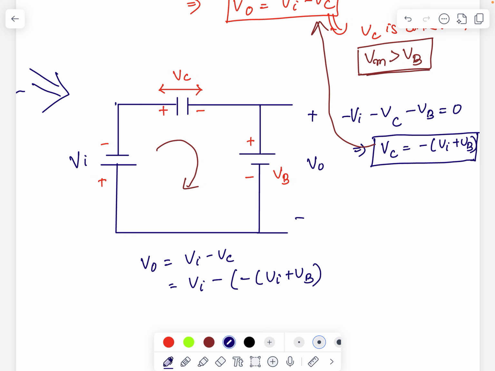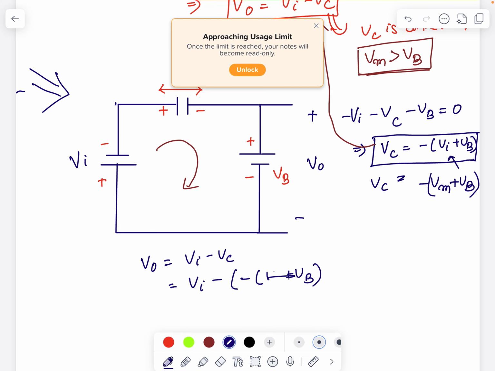One thing I forgot to write here: when the capacitor is charging, it can charge up to the maximum voltage. The maximum voltage of this Vi is nothing but Vm. So I can write Vc equal to minus of Vm plus Vb. So here I can put the same thing. Let me correct here.